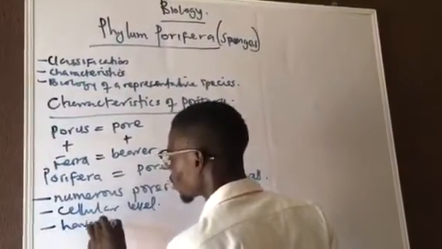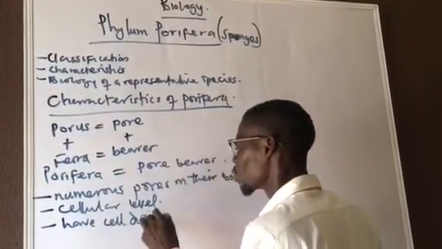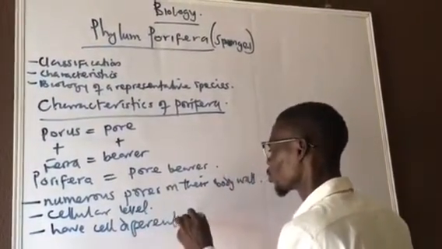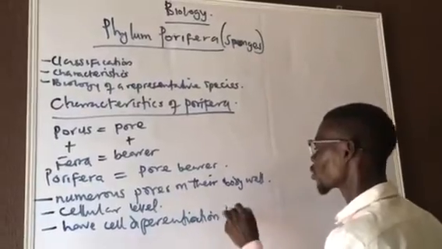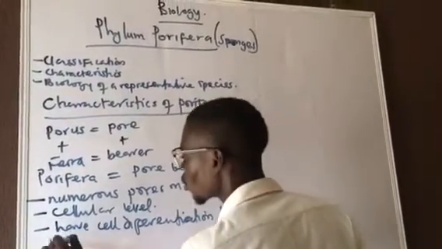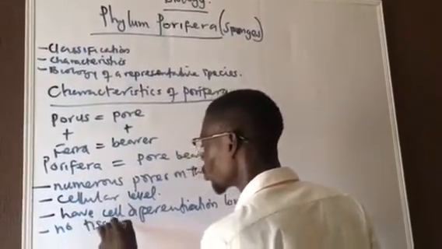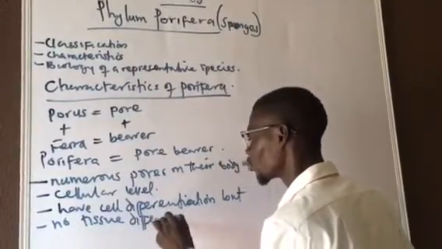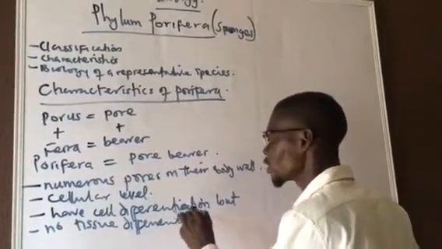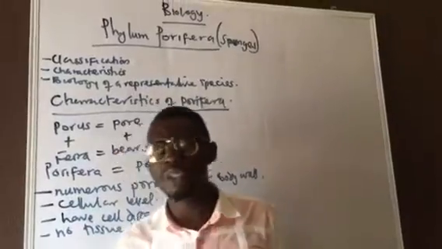They have cell differentiation, but no tissue differentiation. So these organisms are not up to the level of a tissue.